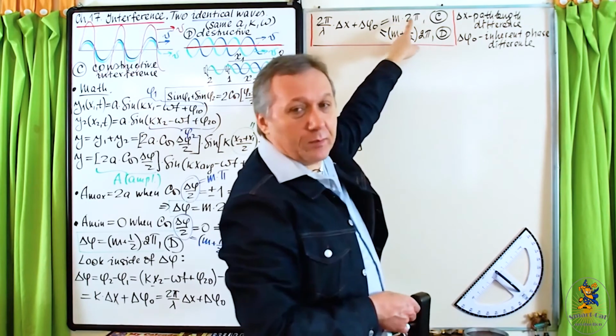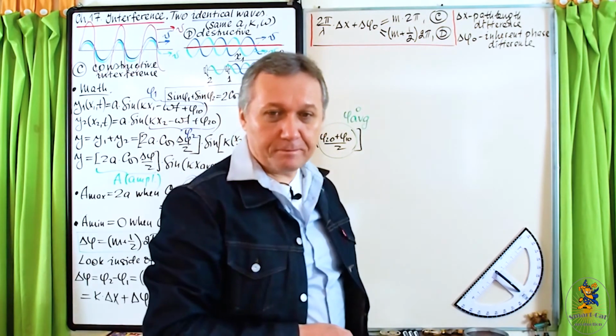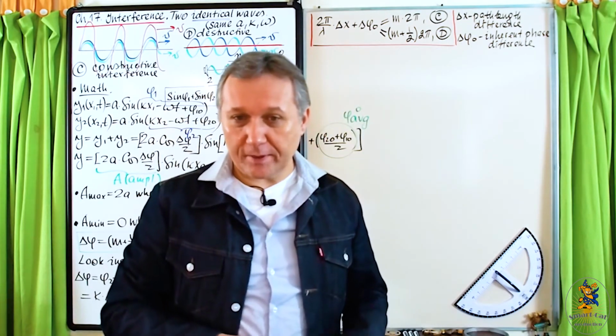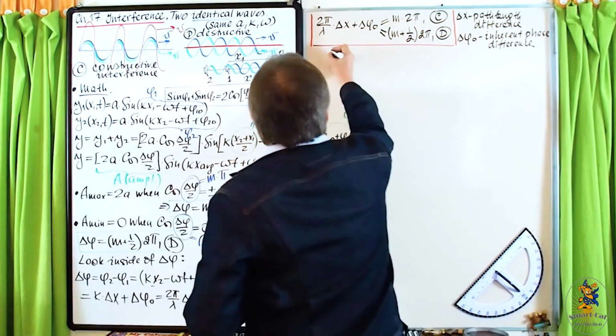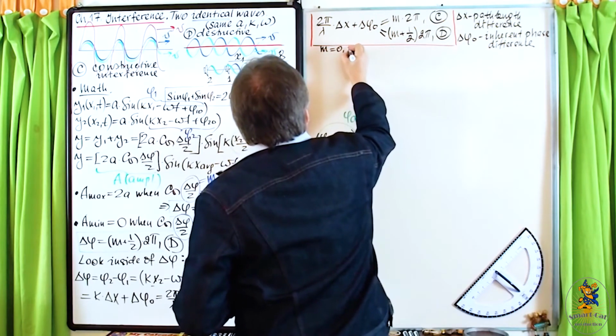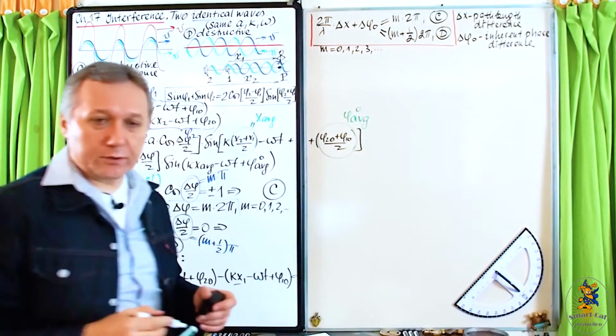Are you going to get m times 2 pi, an integer number of 2 pi's, or m plus 1/2 times 2 pi? Again, I should have written probably that m is an integer. m is 0, 1, 2, 3, and so on, an integer.